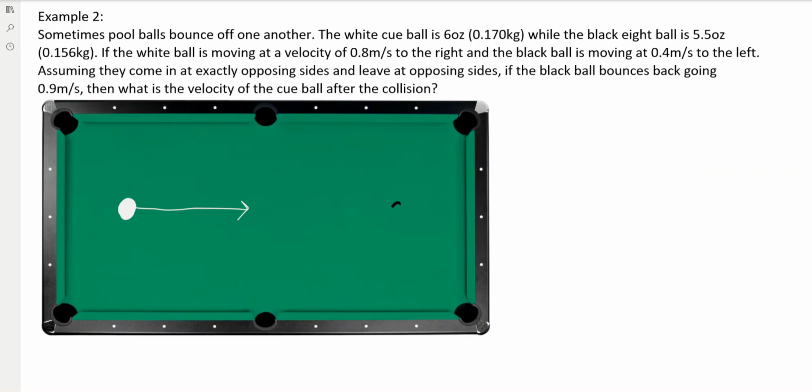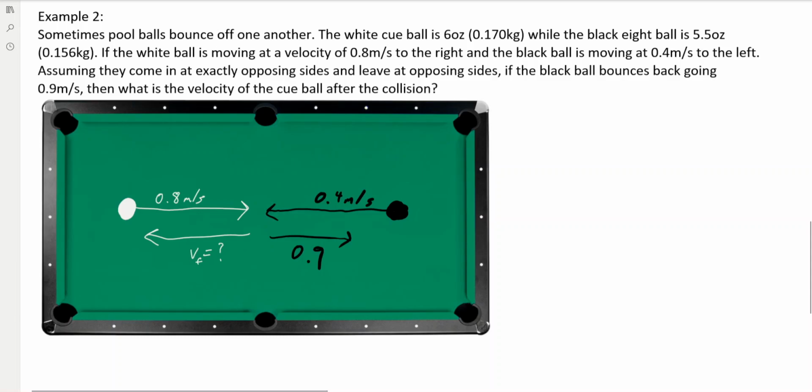The black one over here is going to the left. They collide and they bounce off going in other directions. So originally this is 0.8 meters per second, and originally this one is 0.4 meters per second. We know that the black one bounces back going 0.9. So the question is, how much does the white ball bounce back?